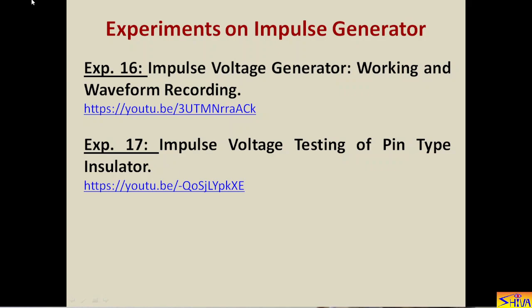Now I have uploaded two videos on impulse generator, that is, experiments on impulse generator. The first experiment is impulse voltage generator working and waveform recording. In this I have explained all the components of the impulse generator, its working, and how we record the impulse voltage waveform. This is the link for this experiment.